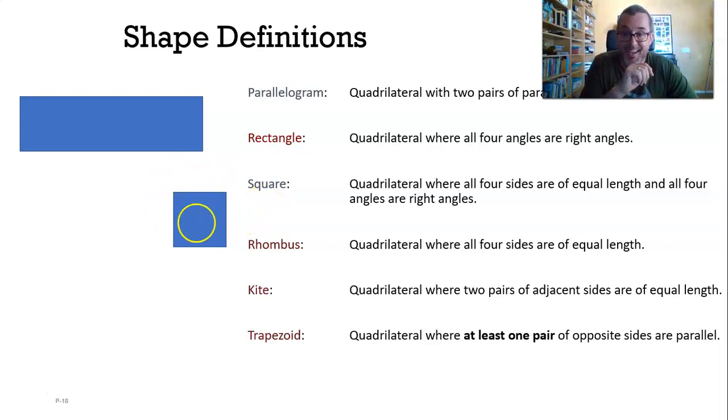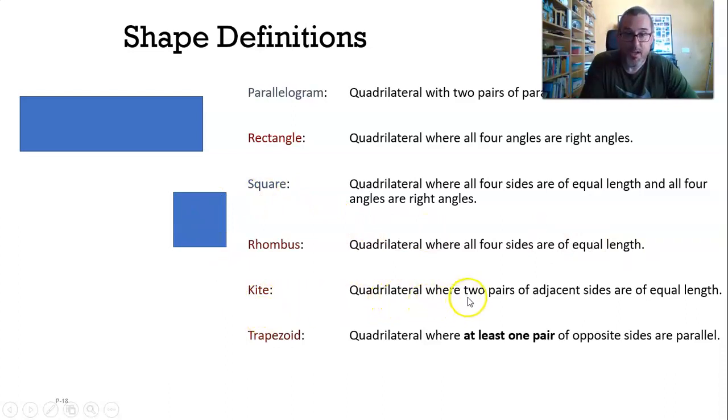So this thing is a parallelogram. Where'd my cursor go? This thing's a parallelogram, it's a rectangle, it's a square. Is it a rhombus? Quadrilateral, yep. All four sides are equal length. Yep. This thing's also a rhombus. Kite.